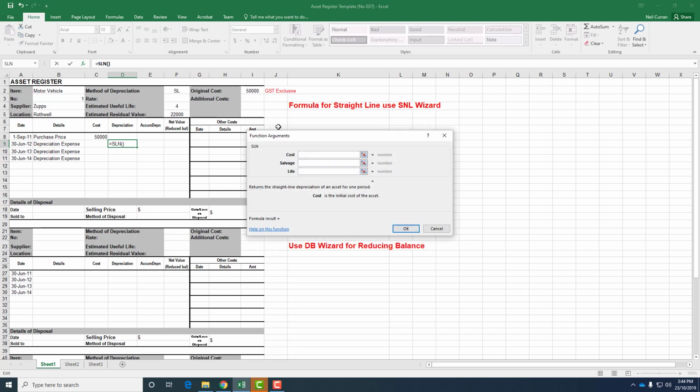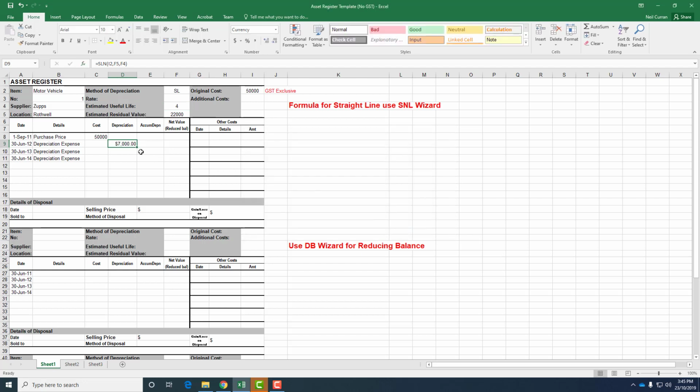Then it's just a matter of clicking on the required cells. So the cost is this one over here, the salvage is this one over here, and the life is this one over here. So the formula is going to bring back $7,000 worth of depreciation. Now the trick here is that this $7,000 is for the full 12 months.